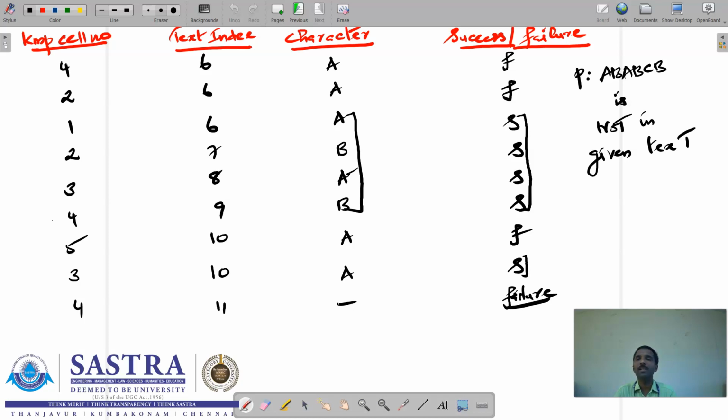In case the pattern is not completely available, the given pattern is not present in the array, then finally the algorithm returns a failure search that indicates mismatch is found. The pattern is not available in the text T. This is the logic of a KMP flowchart construction, and the KMP flowchart construction helps to check if the given pattern P is available in the text array.